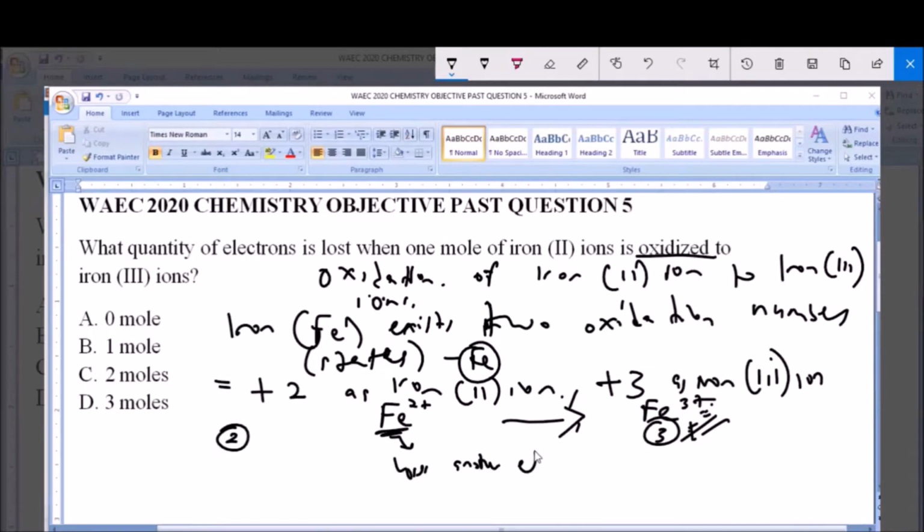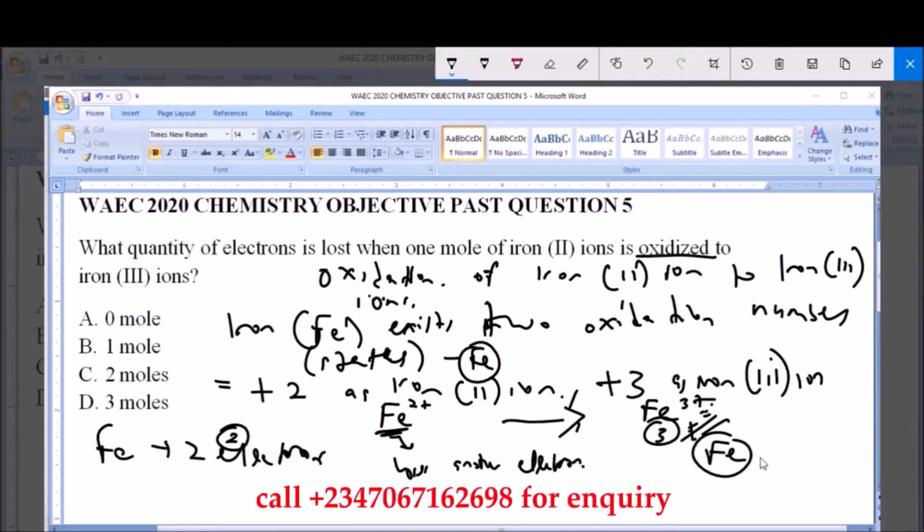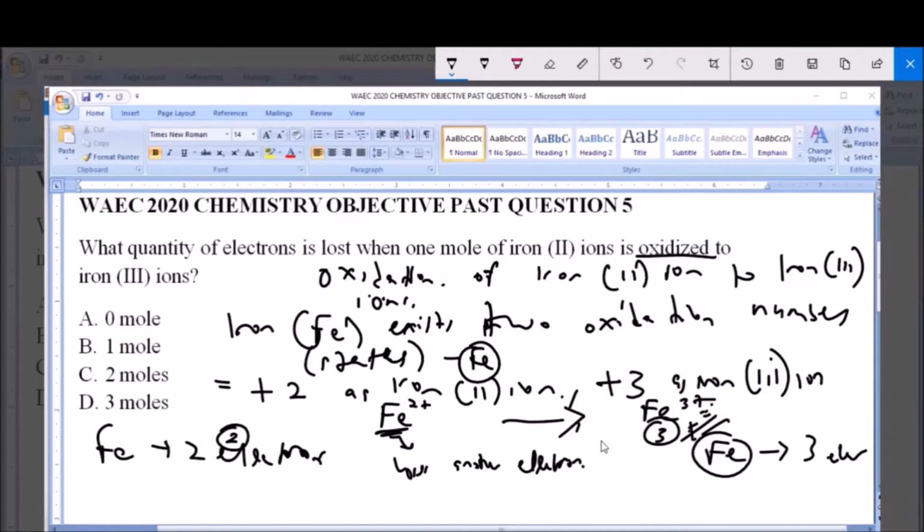So iron 2 is formed when the iron atom loses 2 electrons, while iron 3 is formed when the iron atom loses 3 electrons. So in order for iron 2 to be oxidized to iron 3, what you have looks like this.